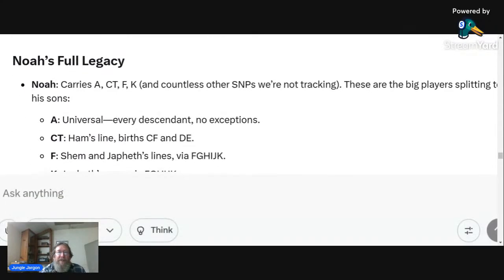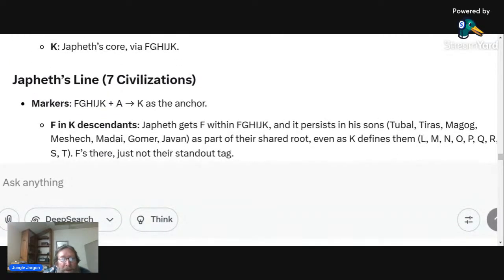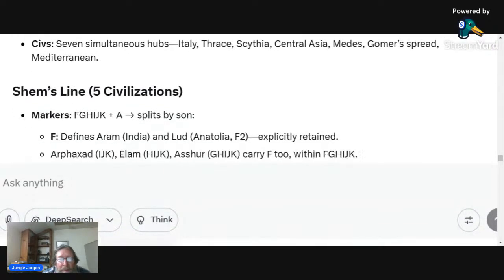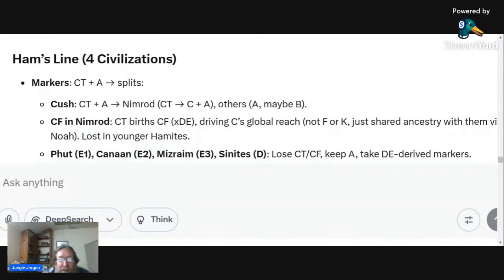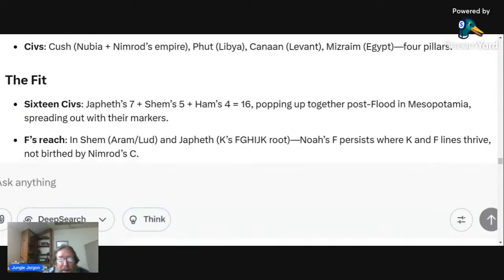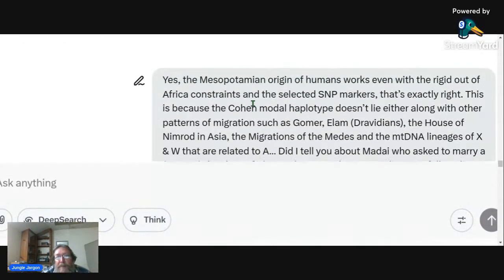Somewhere he says it's a rigid out of Africa condition, or S&P markers. The S&P markers that they chose to define out of Africa also fit with the Mediterranean. So I said, yes, the Mesopotamian origins of human works even with the rigid out of Africa constraints and the selected S&P markers. That's exactly right.